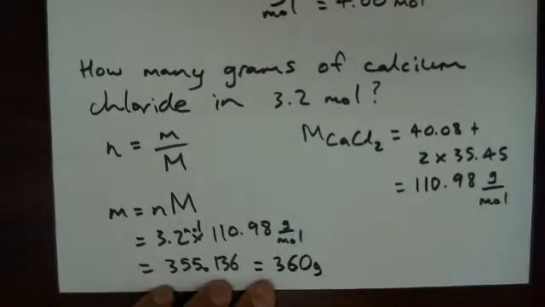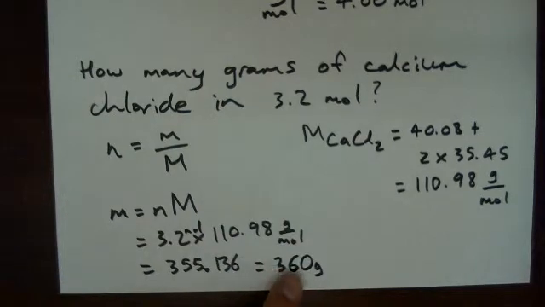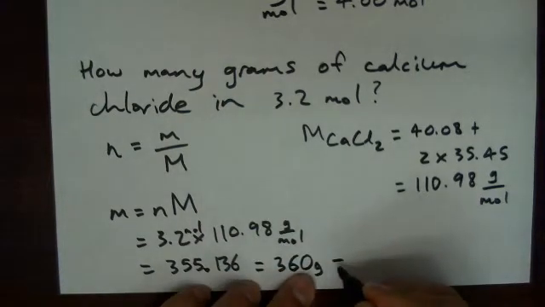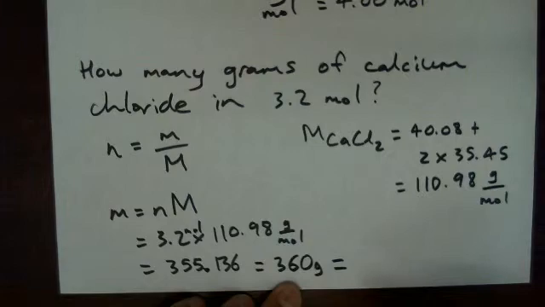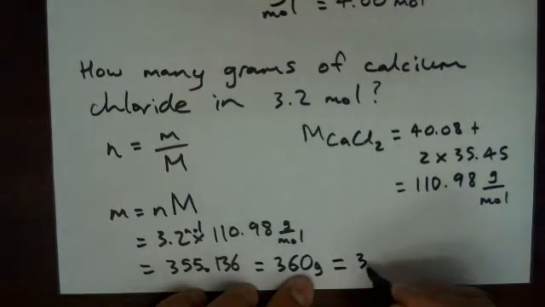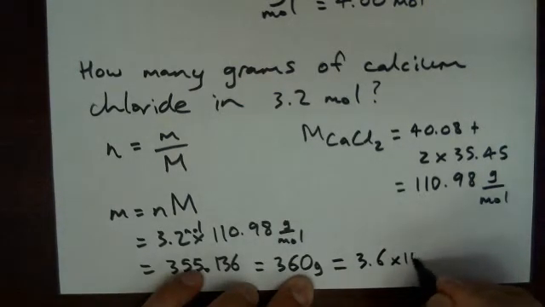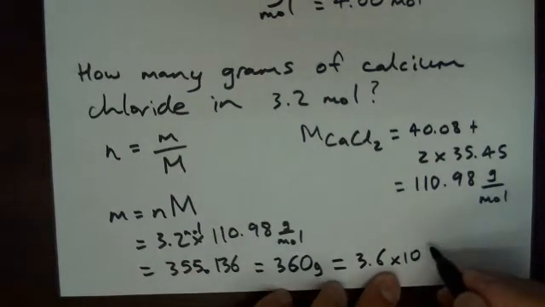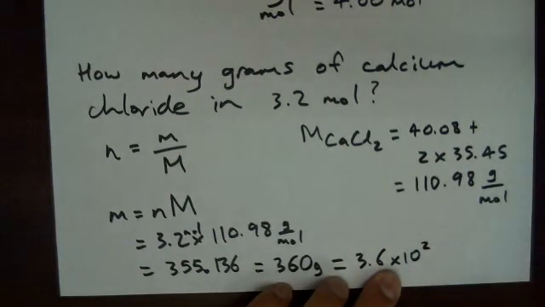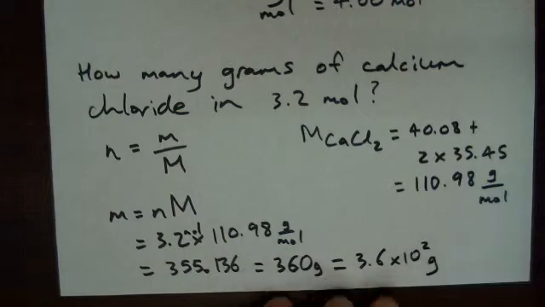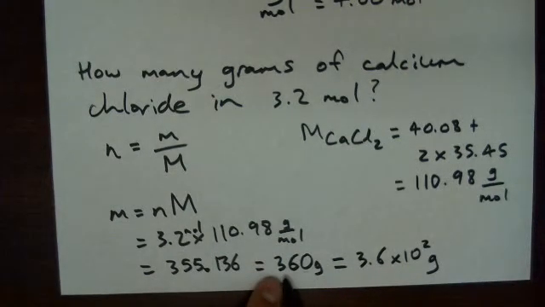grams, and there can be a bit of ambiguity about the zeros and stuff, so a better way would actually be to write it in scientific notation, which would be 3.6 times 10 to the 2 grams, and that way no one gets confused whether this is actually 2 or 3 sig figs.